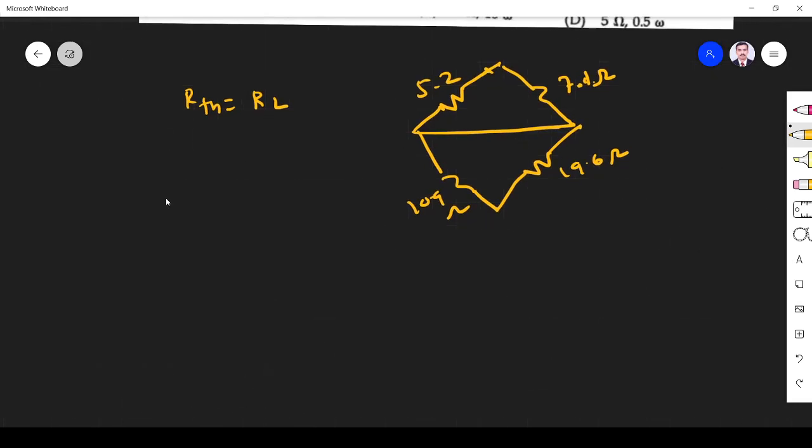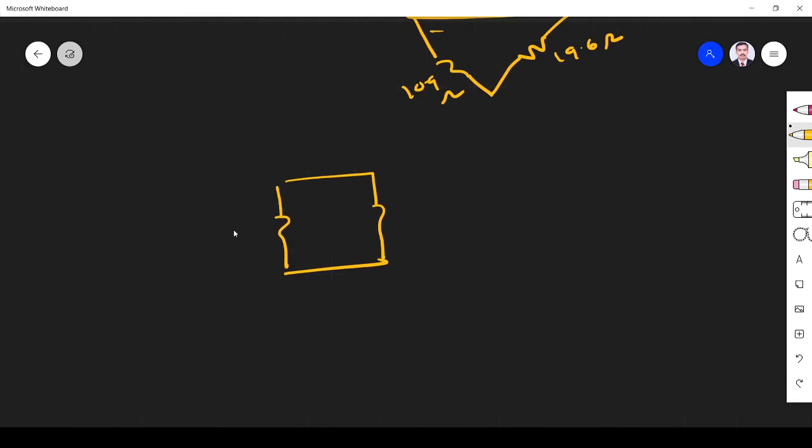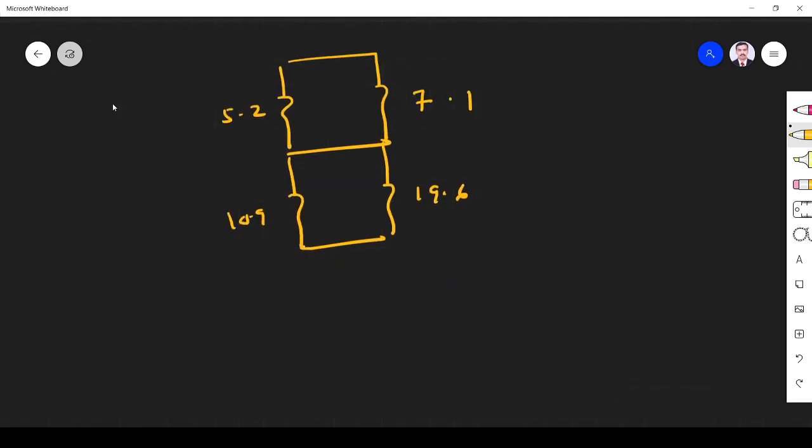So I have to find the combination. So these two are parallel. I can redraw the circuit like this. Right. So this is 5.2, this is 7.1, this is 10.9, this is 19.6. So R equivalent is equal to R Thevenin, which is equal to RL.